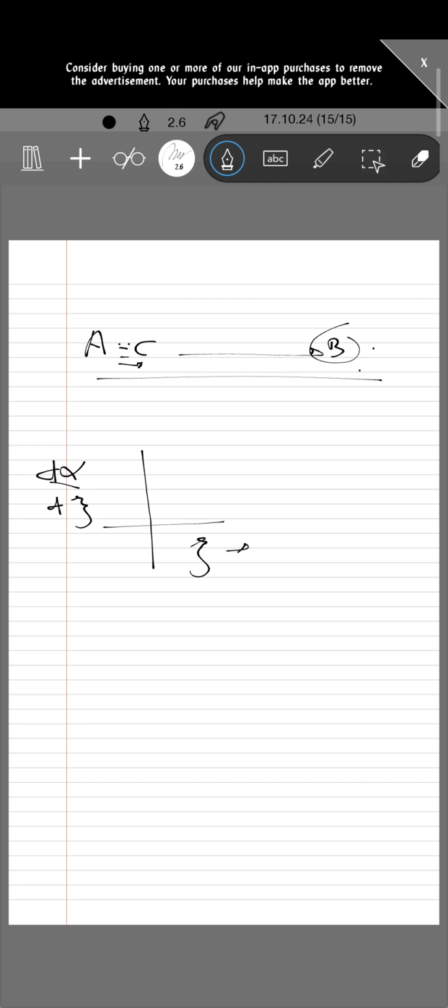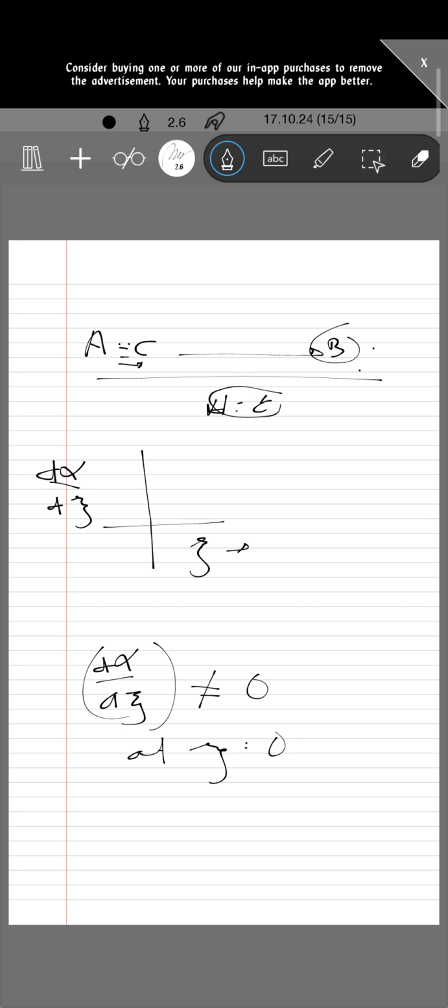Now, for a molecule to be Raman active, this value should not be equal to 0 at the equilibrium condition. That means if ACB is stretching in this manner, the next stretch it can cause is ACB. Now, there is a huge difference between A and C. These two should not be symmetric to each other.